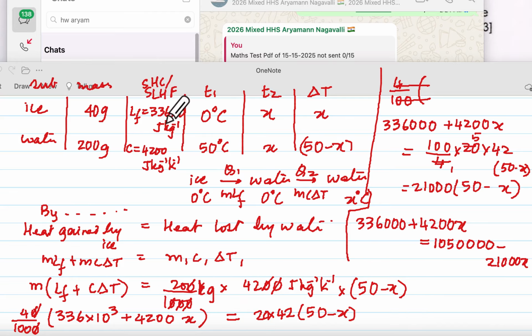I should have kept this in grams only rather than kg. Such a headache this is.